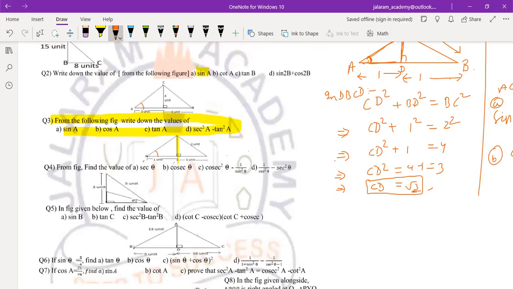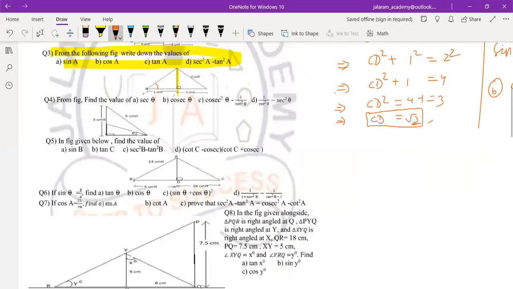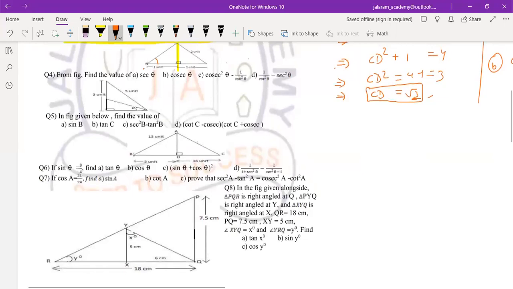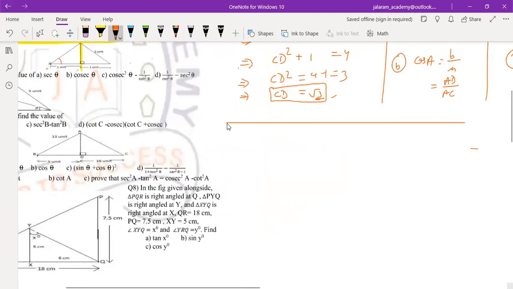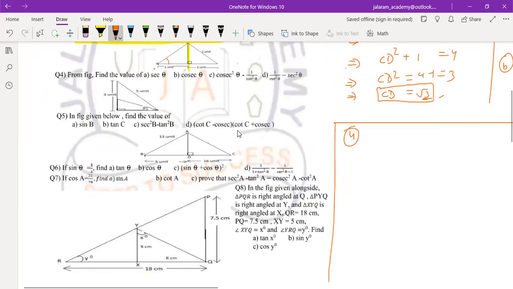Now we will discuss question number 4. Many students have doubts in this question. From the figure, find the value of sec theta.